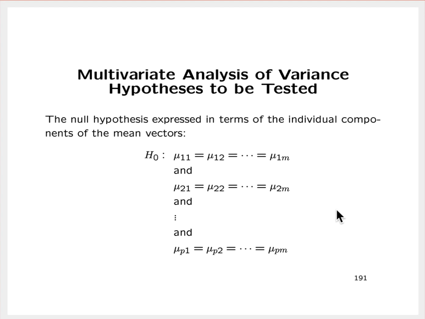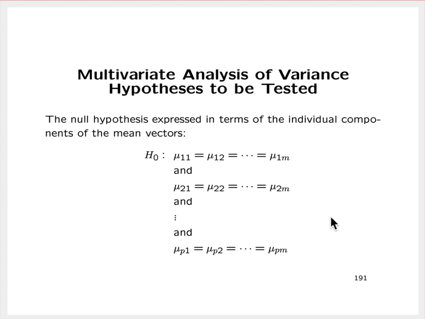In this setup, the null hypothesis is equivalent to saying that mu sub 1,1 is equal to mu sub 1,2, and so forth out to mu sub 1m, and mu sub 2,1 is equal to mu sub 2,2, and so forth out to mu sub 2m, and so forth, all the way down to the components for the pth response variable, mu sub p1 equal to mu sub p2, and so forth out to mu sub pm. So this is another way to express the null hypothesis, and this is equivalent to the original representation.